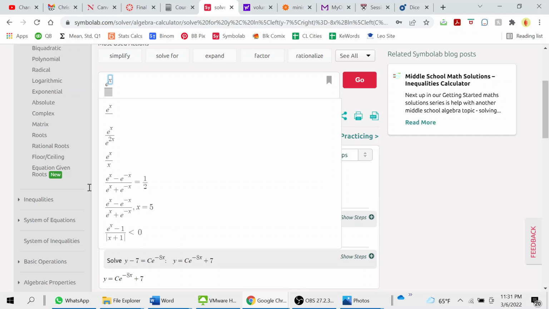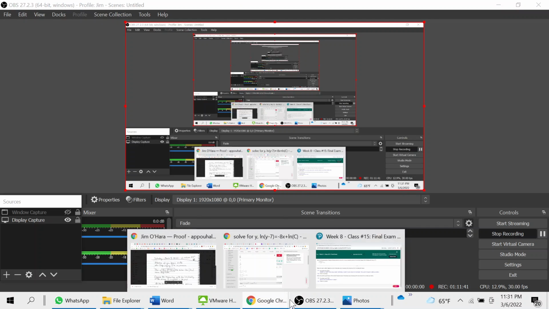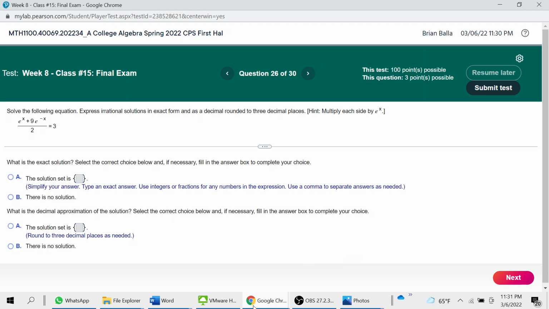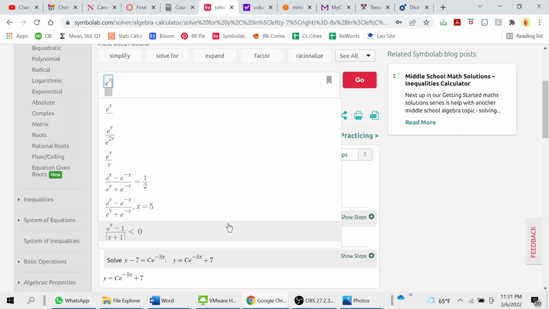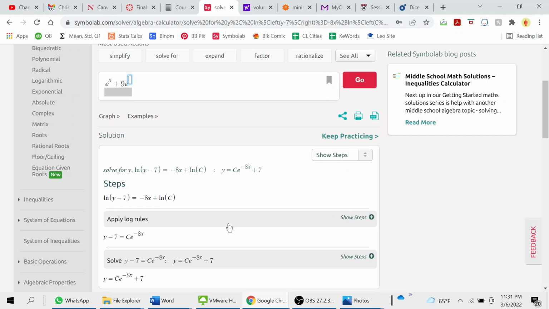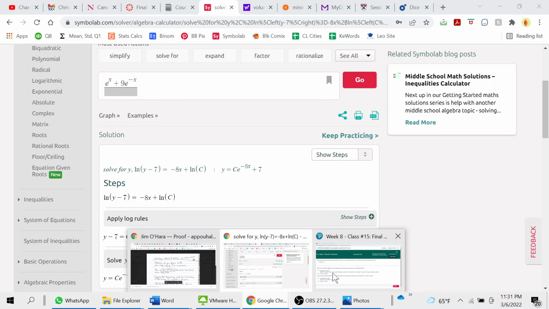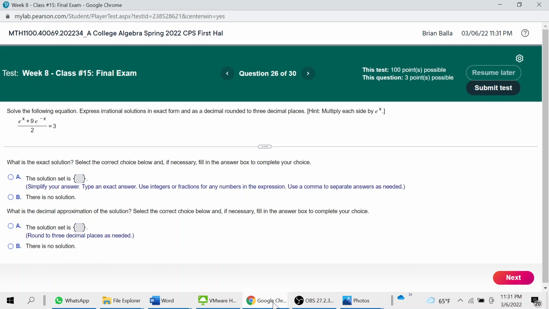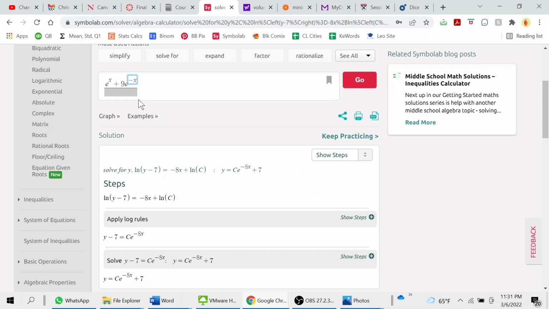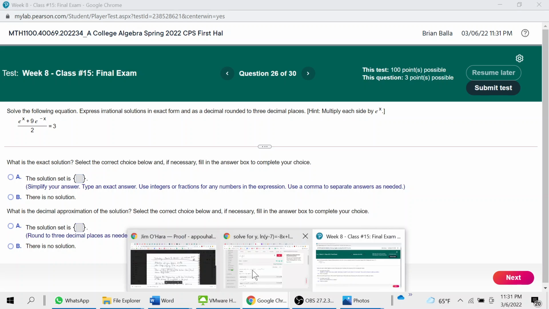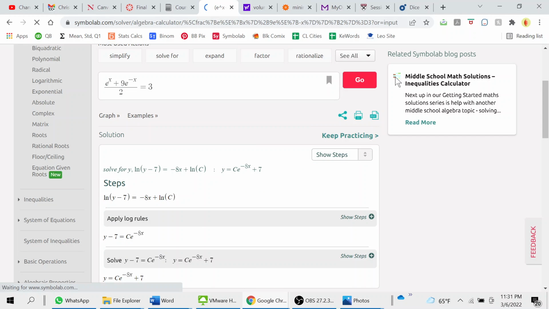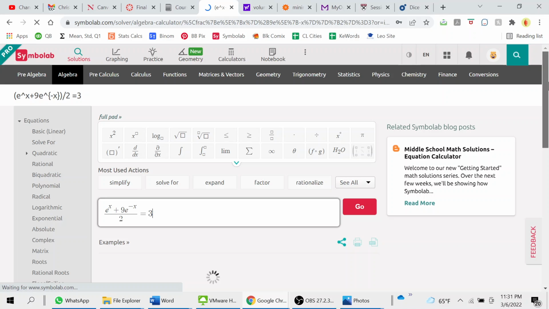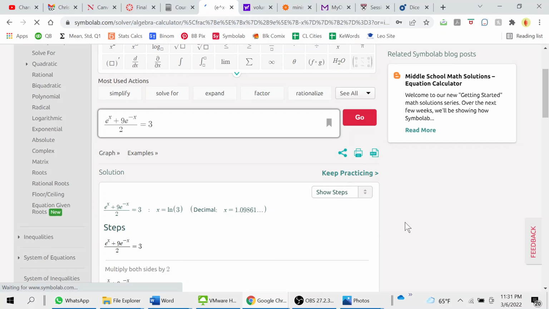E to x. Oh, whoops. Okay, e to the x plus 9 e to negative x over 2. ln 3.